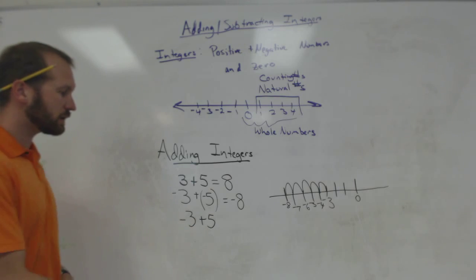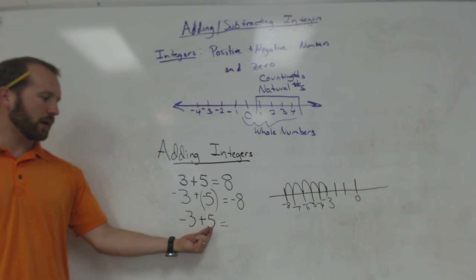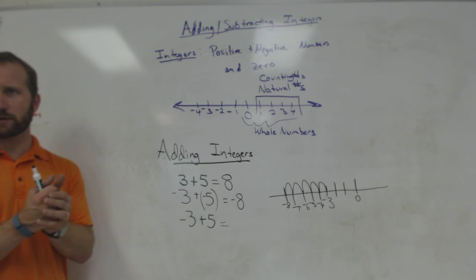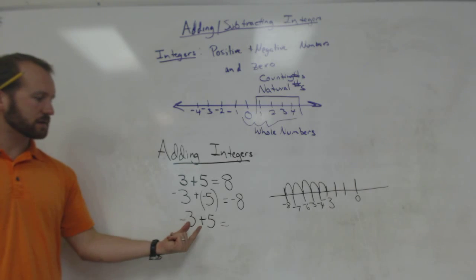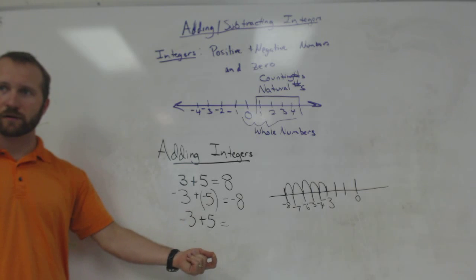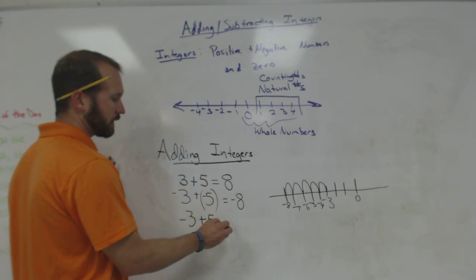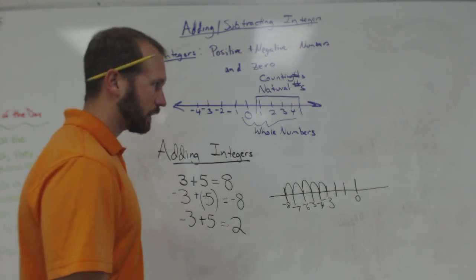So our answer is going to be a positive number. But we have to remember, we have a positive number and we have a negative number. They work against each other. Right? So we're going to get a smaller positive number. Negative 3 plus 5 is going to give us positive 2. Let's look at that one on our number line.